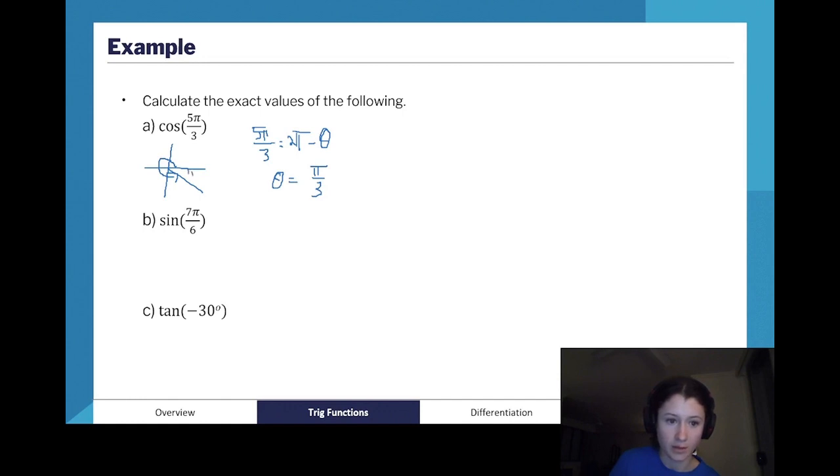So this angle in here is equal to pi on 3. So let's apply our CAST.